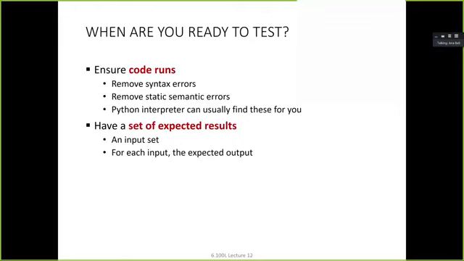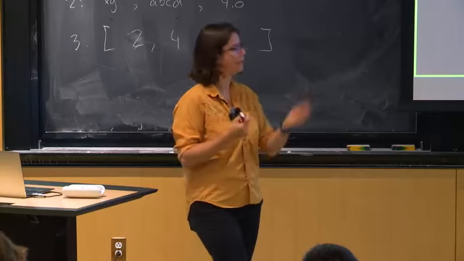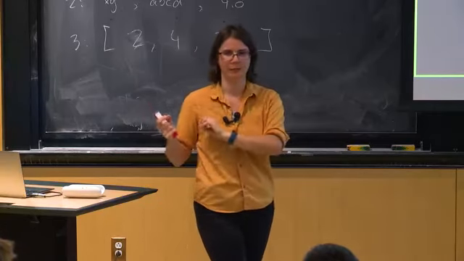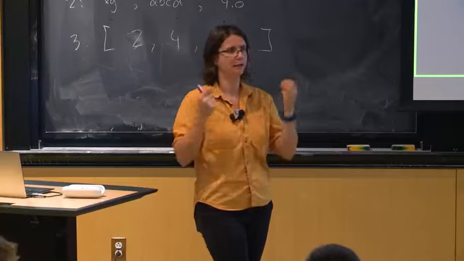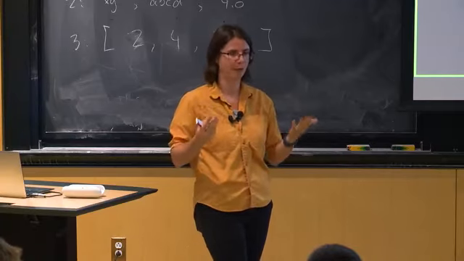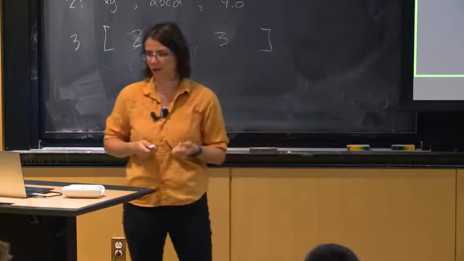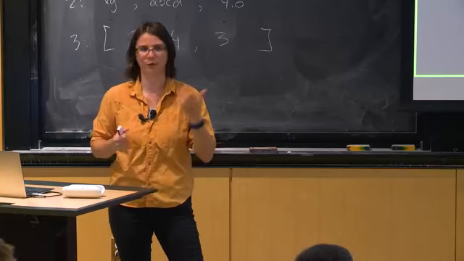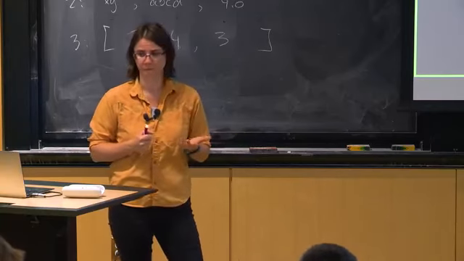For each one of those test cases, the way we write on your microquiz test cases, you say what you expect the output to be. So when you actually run it, you don't need to remember what this output should be. It's just written down somewhere on paper or on the screen.